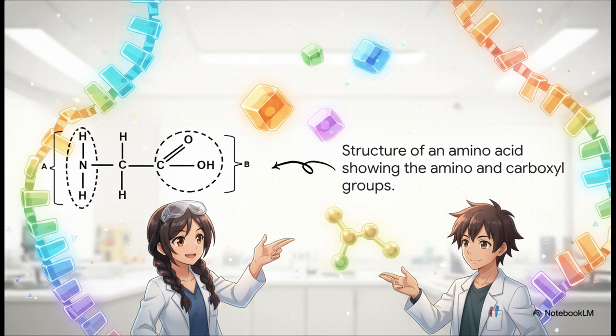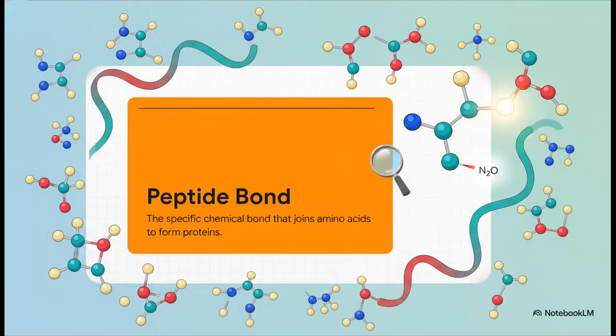And if you look closely, just like the fatty acid we saw earlier, it's got a carboxyl group, but here it brings an amino group into the mix. Now, there are 20 natural amino acids that make up a protein, and when they link up to form a chain, they use a very specific connection called a peptide bond. Guys, peptide bond is absolutely a critical vocab word for your exam. Whenever your brain sees the word protein or amino acid, it needs to instantly scream peptide bond.